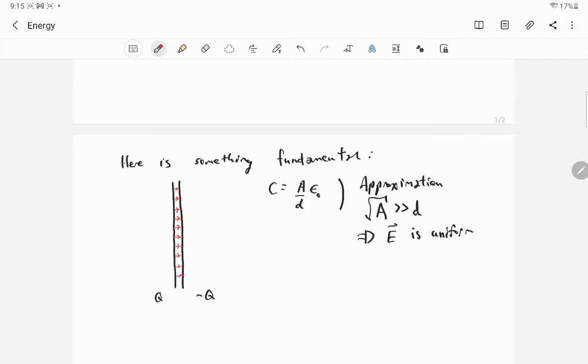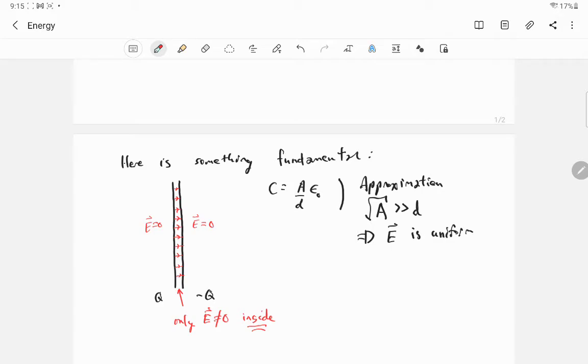And what's more than that is actually in this parallel plate capacitor, we can say that the electric field outside is just zero. That is, the electric field only has value that's not zero inside of this capacitor.